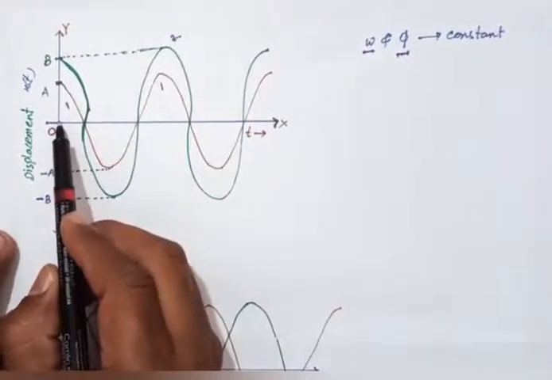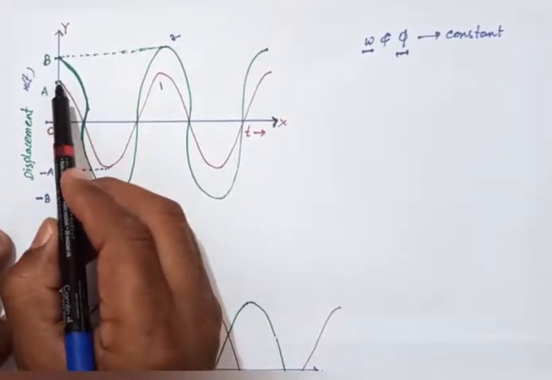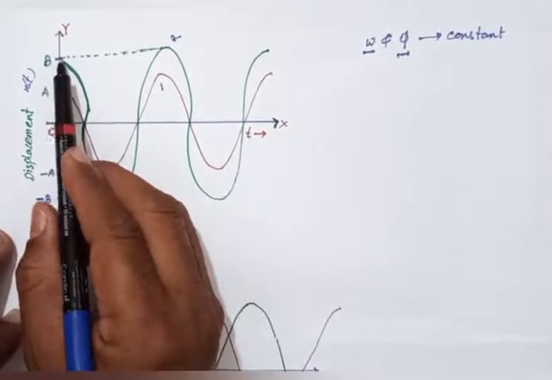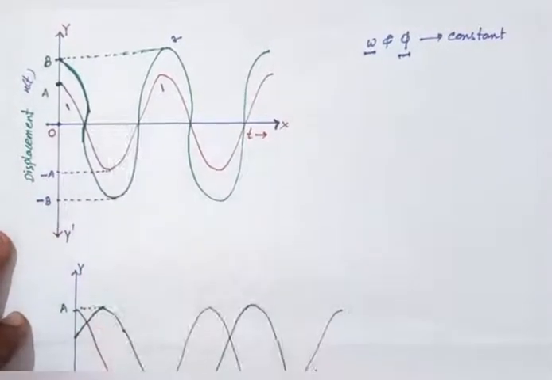So this particle at t equals 0 is at x equals plus A, and this particle is at x equals plus B. At t equals T by 4, both are at minimum. At t equals T by 2, it is again maximum, negative A and negative B. At t equals 3T by 4, again it is 0.